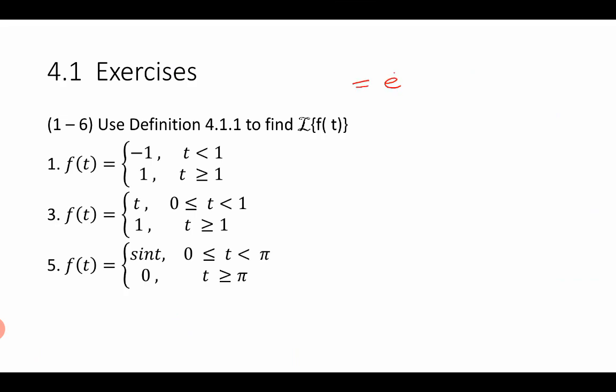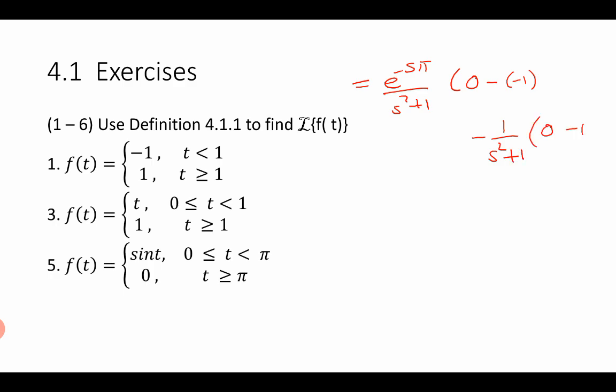Then the answer is e raised to minus s pi over s square plus 1. Here sin pi will be 0, so the first term will be 0, minus of minus 1, and minus 1 over s square plus 1.